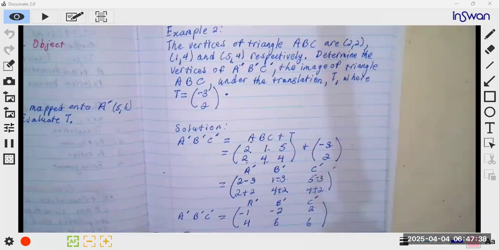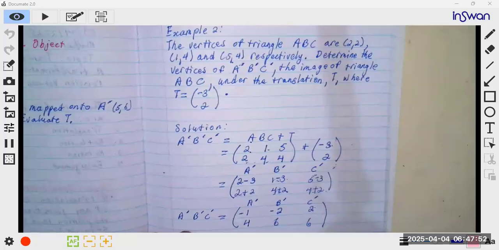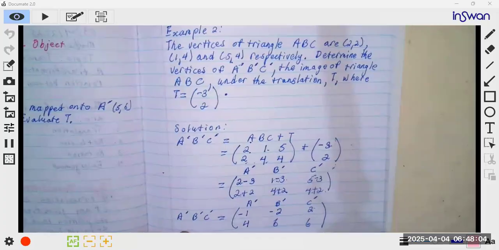So when you do add those two, you'll be able to find your image. All right, are you all ready? Yes or no? Yes, Miss.